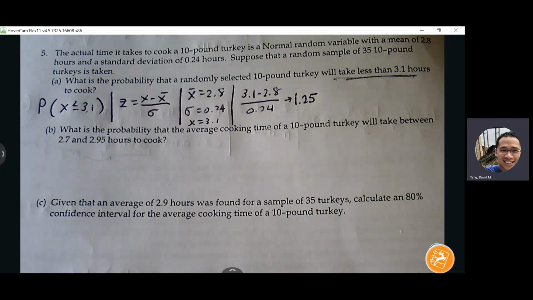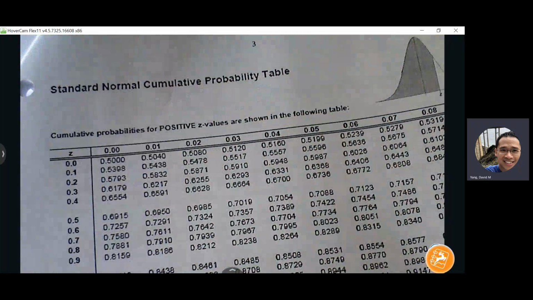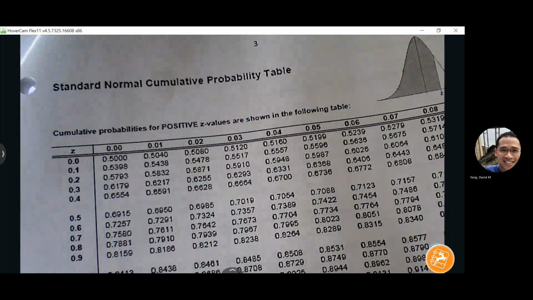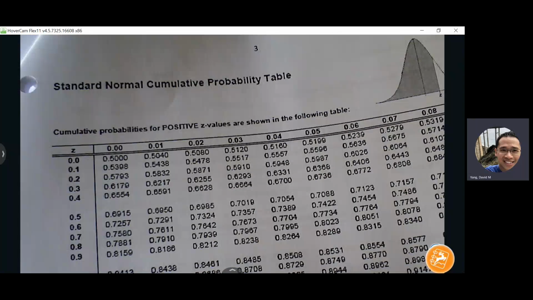That's a positive 1.25, so we're going to look on page 3. So 0.8944.